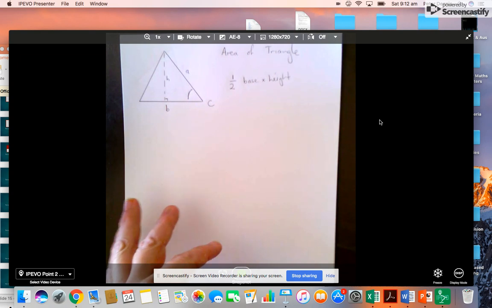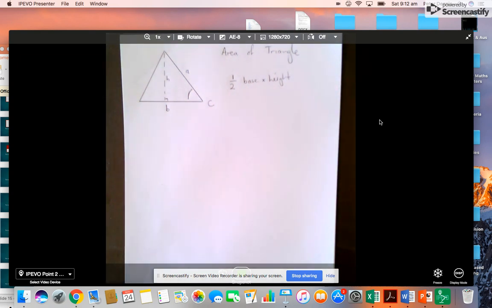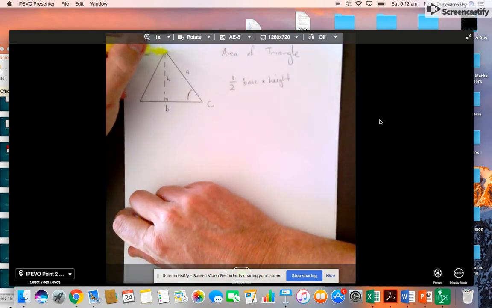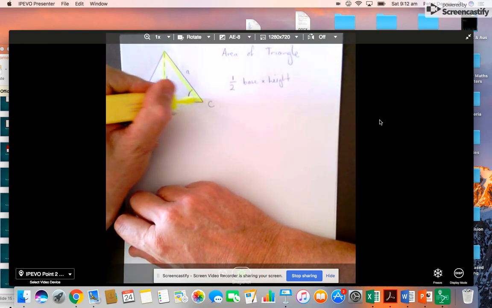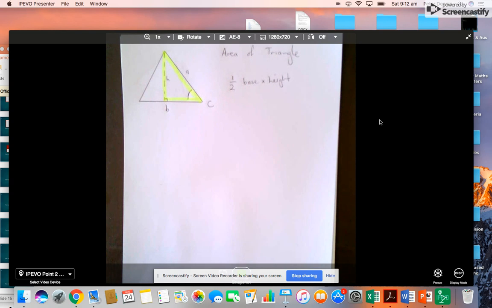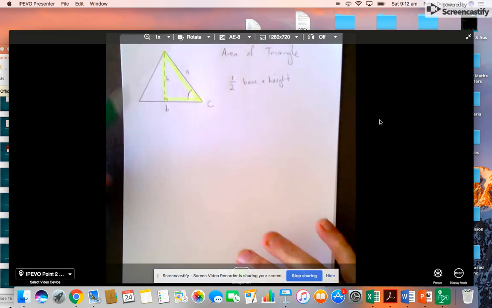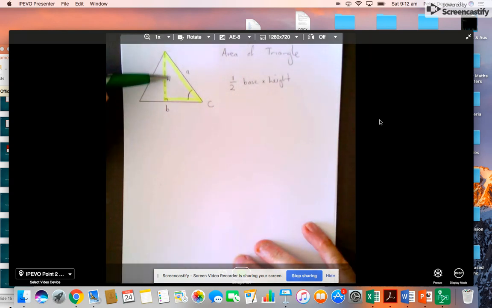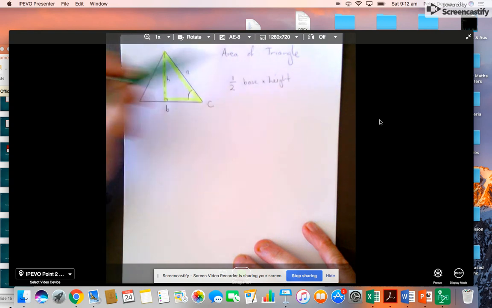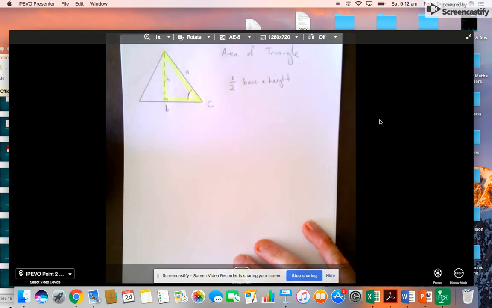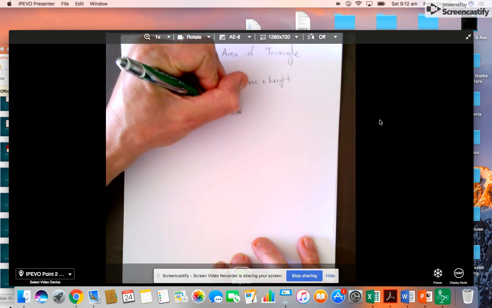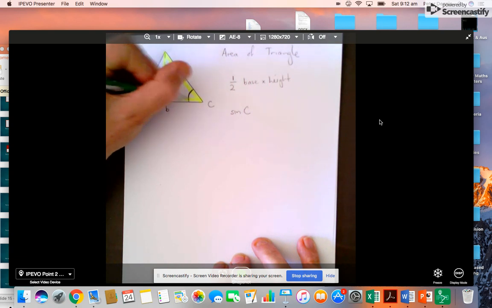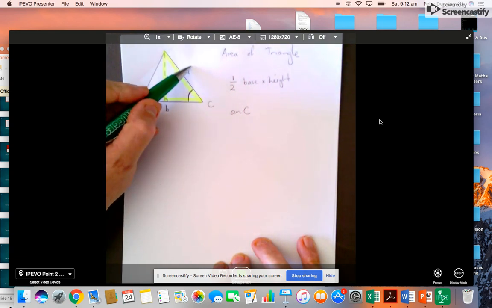Well, what we're going to do is just look at this triangle here. Now, we don't know too much, but what we want to do is find out what this H is, because that's in this formula, but it's not in the half AB sine C. So in this triangle here, one of the things we know is that sine of C, sine of this angle here, is opposite over hypotenuse.